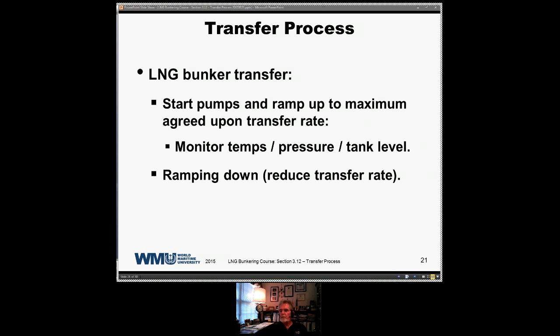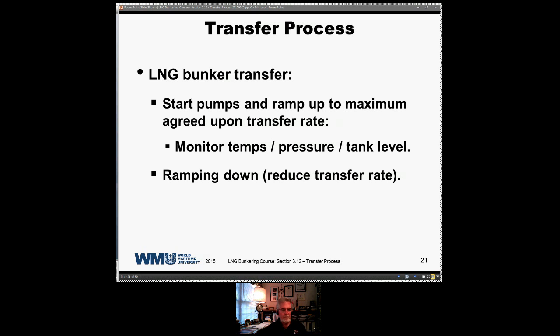Once all pumps are operating, then we begin what's called ramping up or rating up the pumps to their maximum transfer rate, the transfer rate that was agreed upon by the terminal and the vessel. During this ramp-up period, again, your transfer system is going to be checked and monitored by personnel. During that period as well, temperatures, pressures, and levels are going to be monitored by personnel in the cargo control room of both the terminal and the vessel.